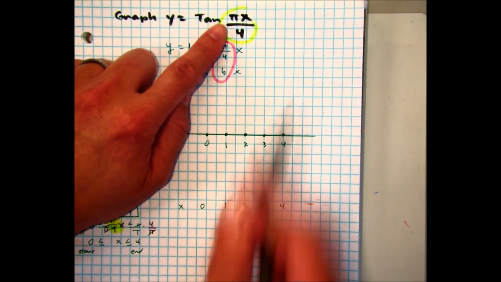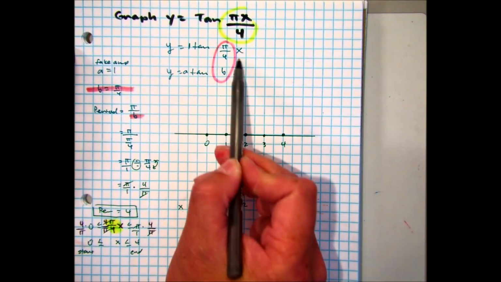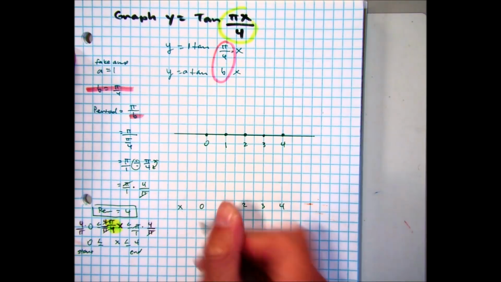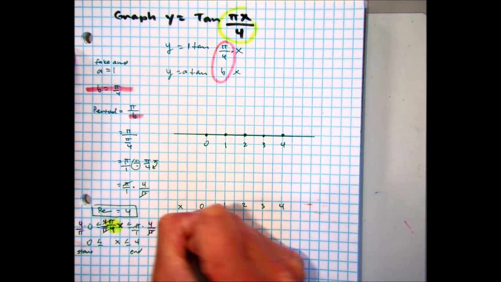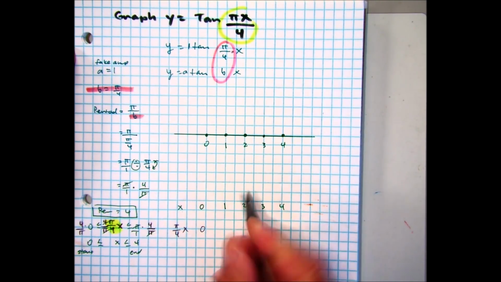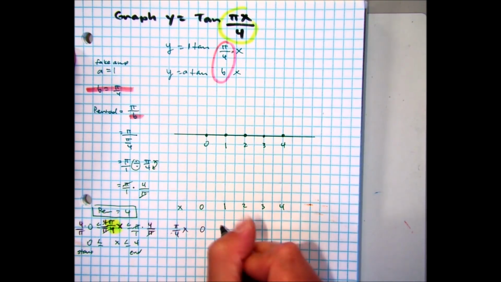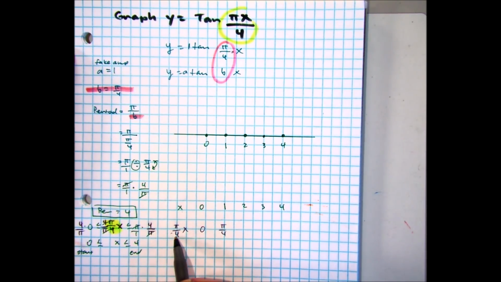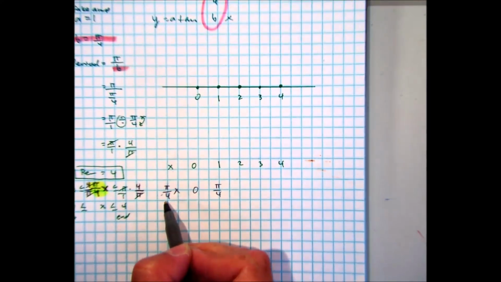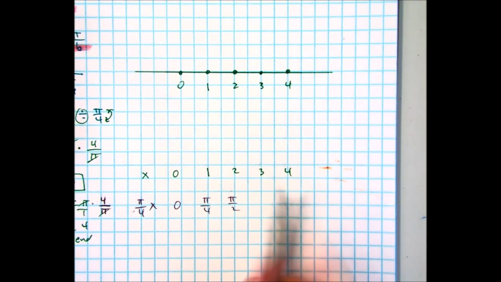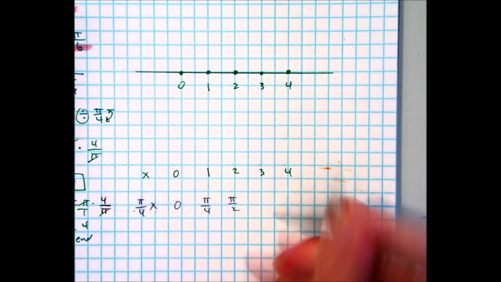Now I'm going to take my x value and multiply it by pi over 4. Class, what's 0 times pi over 4? 1 times pi over 4? 2 times pi over 4? 2 pi over 4, which is pi over 2. 3 times pi over 4?